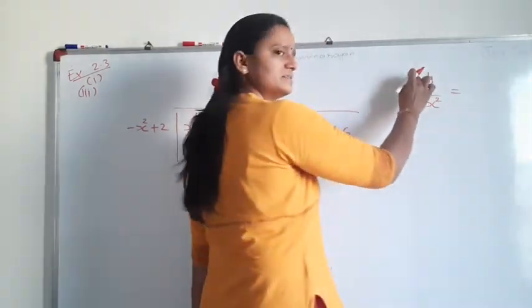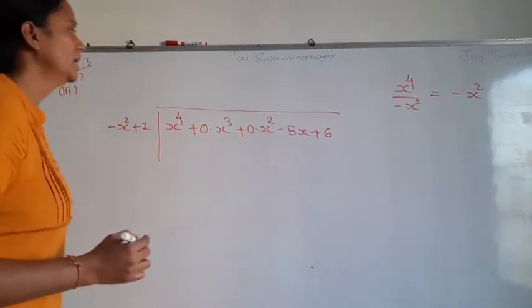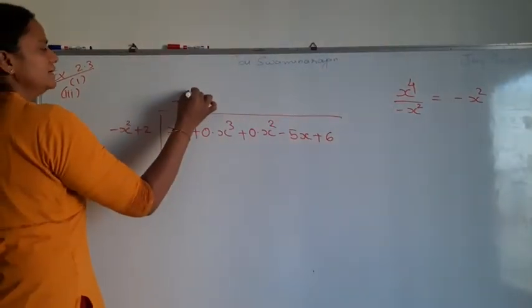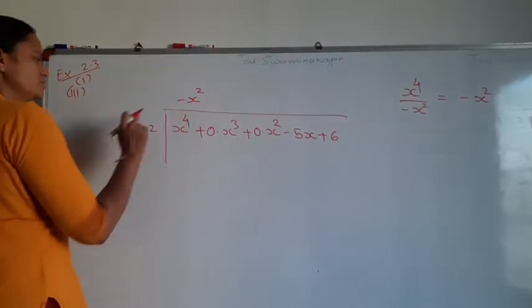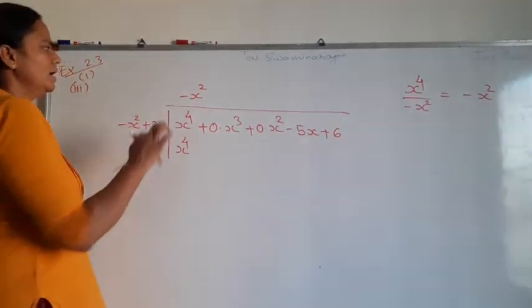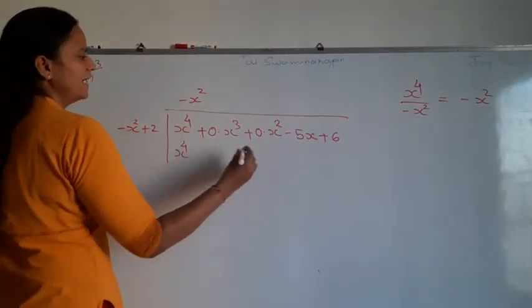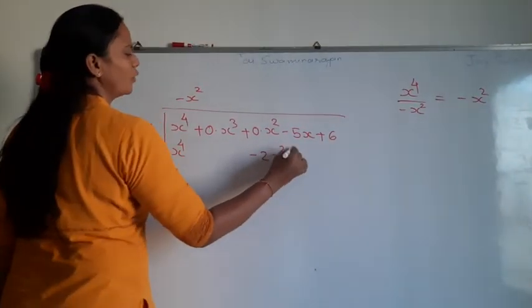So if I divide x raised to 4 by minus x square, I will get minus x square. Okay, so I am writing here minus x square. Now minus x square into minus x square gives x raised to 4. Minus x square into plus 2, so that is going to be minus 2x square.